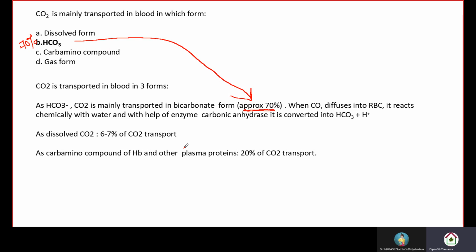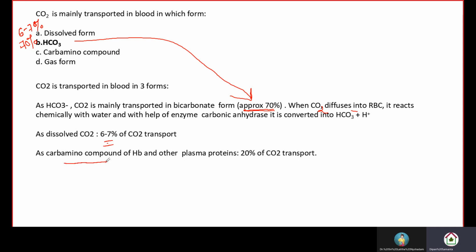When CO2 diffuses into RBC, it reacts chemically with water, and with the help of the enzyme carbonic anhydrase, it is converted to HCO3 minus plus H plus. As dissolved CO2, only 6 to 7%.